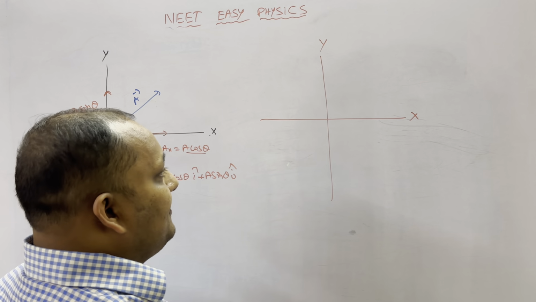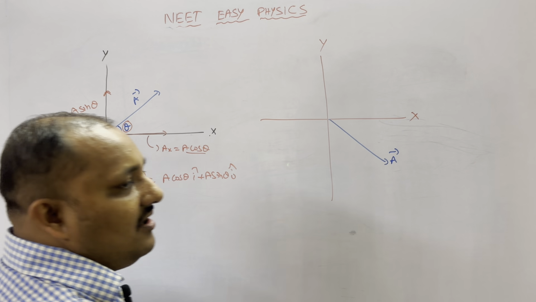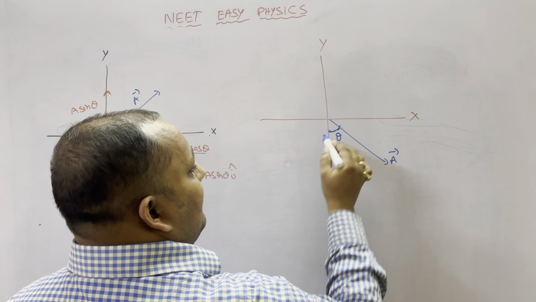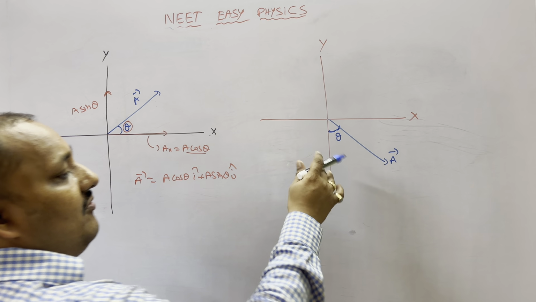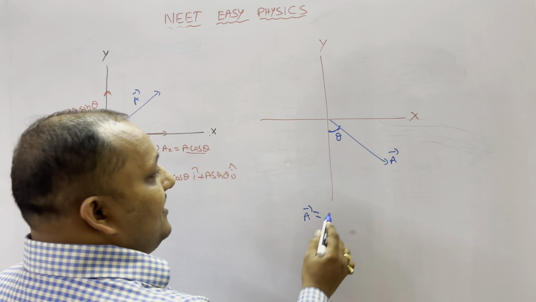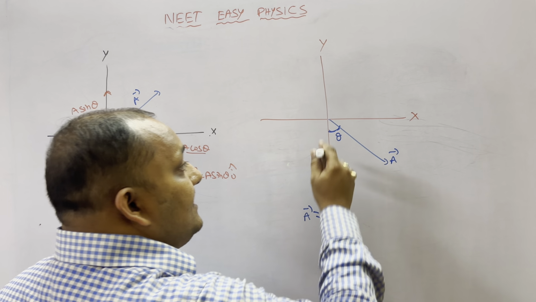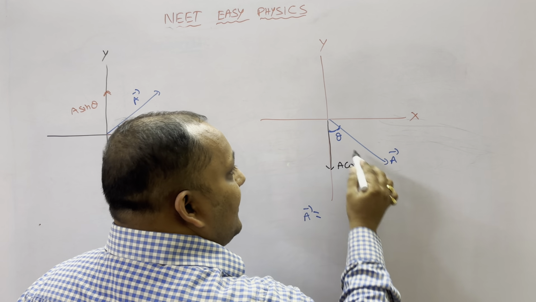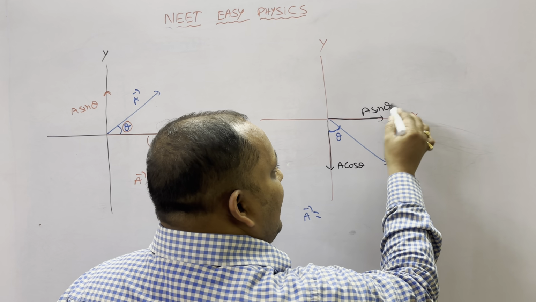Now same vector, same plane. Let us assume the vector is like this. This is A bar, or B bar, you can take, that is your wish. Now theta is, let us assume, with the negative y axis. At that time, how are we going to write this? A bar: which is basing theta, that one I said, A cos theta. Which is not basing theta is A sin theta.